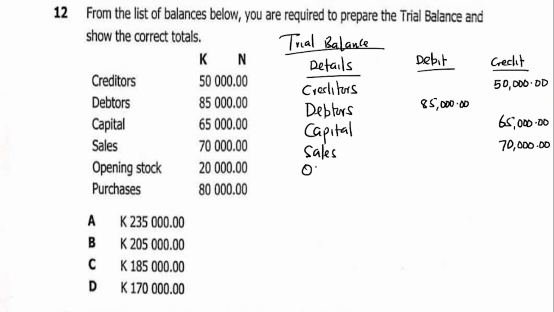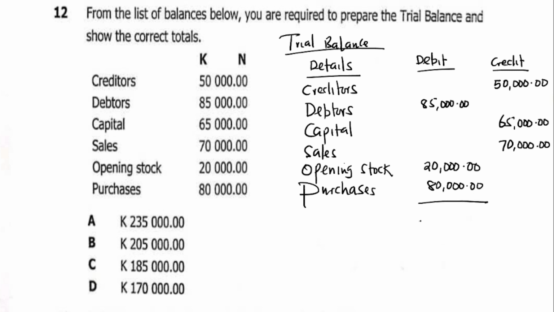Okay, opening stock, we're going to debit this one, the 20,000. Then purchases, we're also going to debit the 80,000.